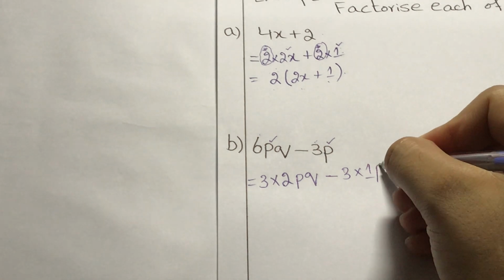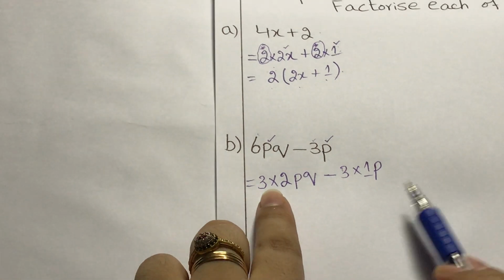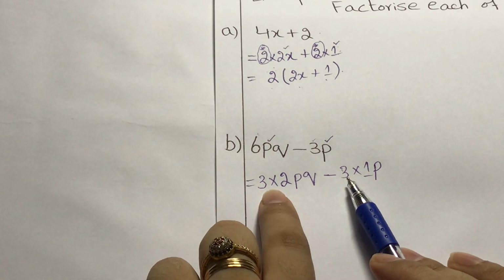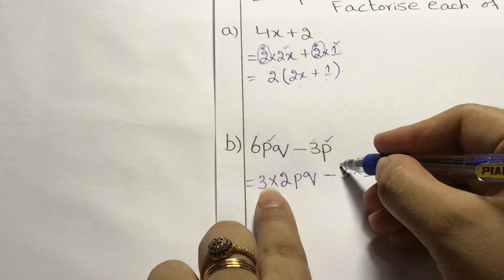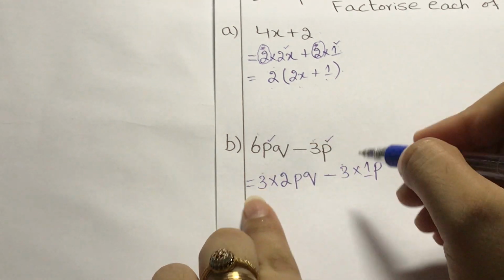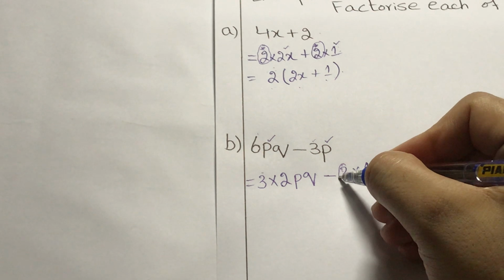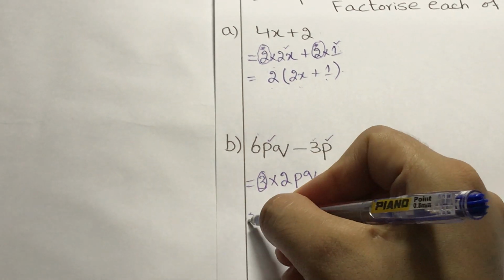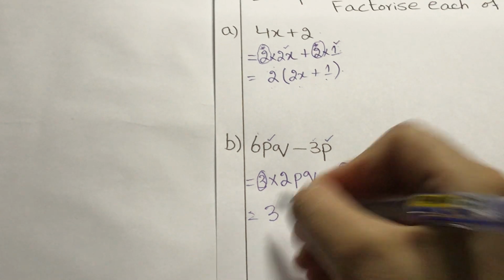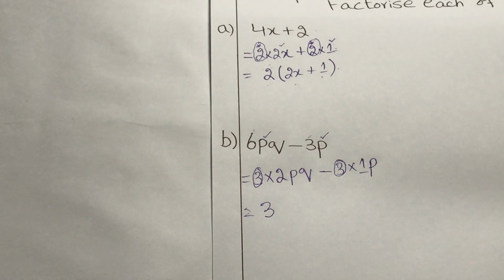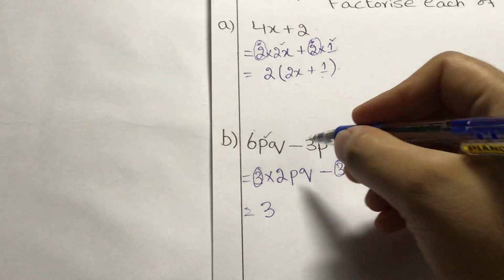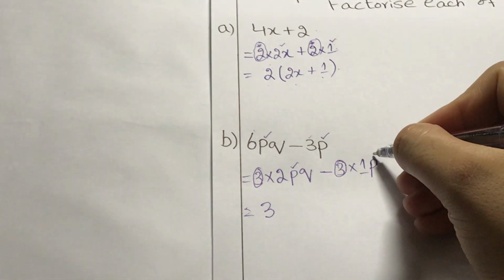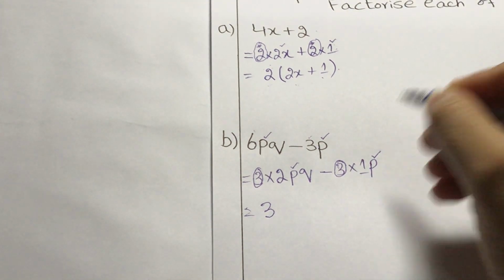As we have expressed our coefficients as the product of their common factor, and the common factor is 3 here, right? So what we will do, we will take out our common factor outside of the bracket, and our common factor is 3 here. And don't forget, we have a common variable here, and the common variable is p.